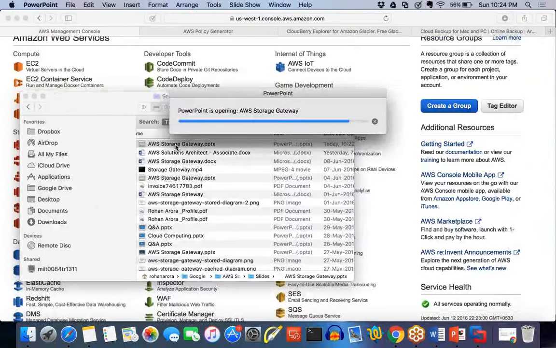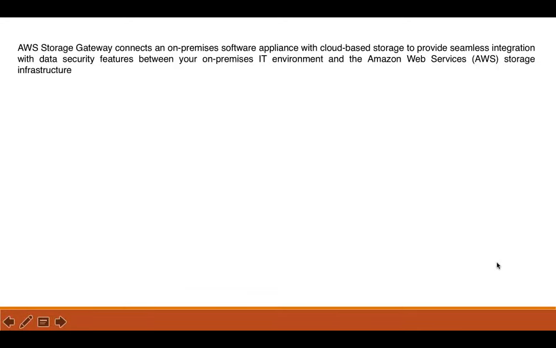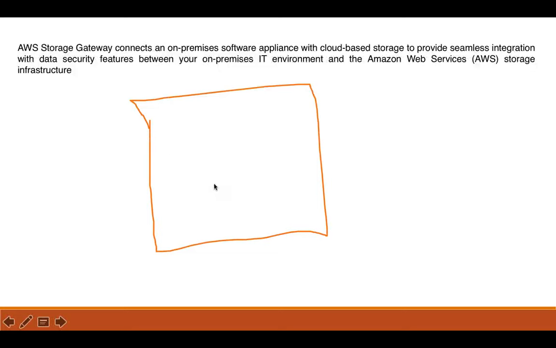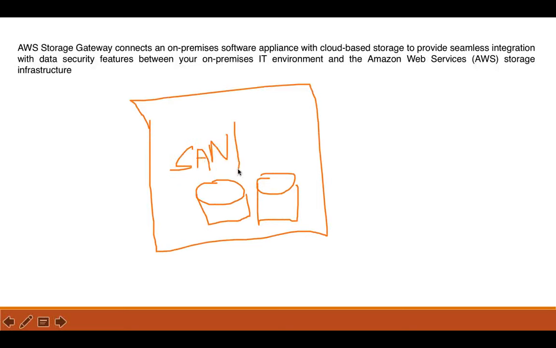All right, sorry about that. So the storage gateway would be used to merge your existing storage infrastructure with the AWS cloud infrastructure. Let's suppose that this is your data center. In your data center, you have all kinds of storage options like SAN, NAS, DAS (direct attached storage), whatever storage option you're using. This is your own DC.